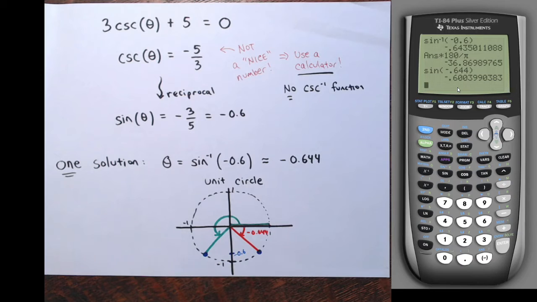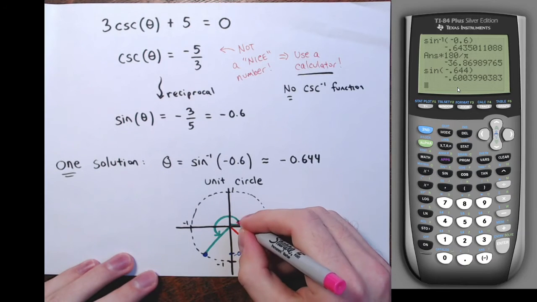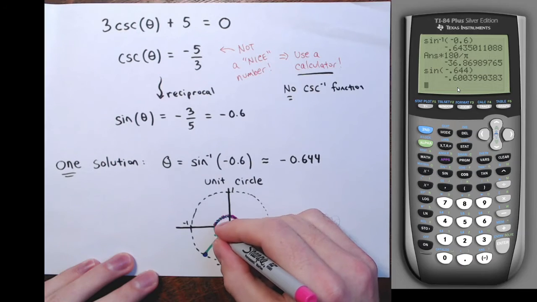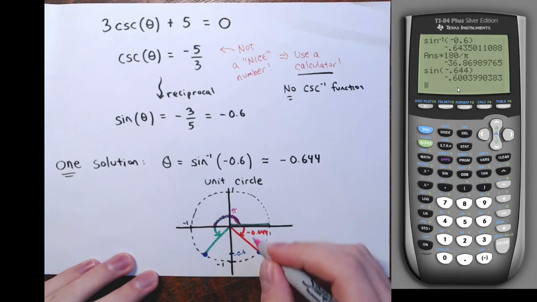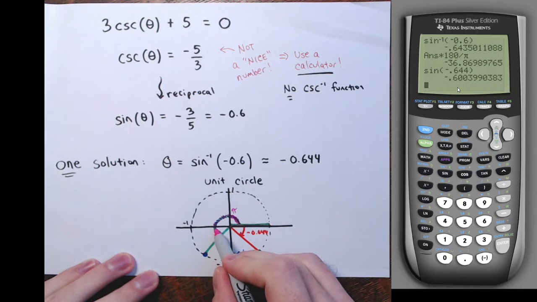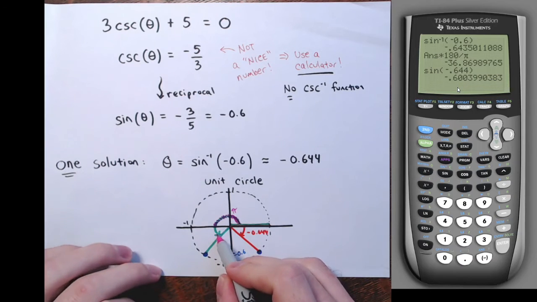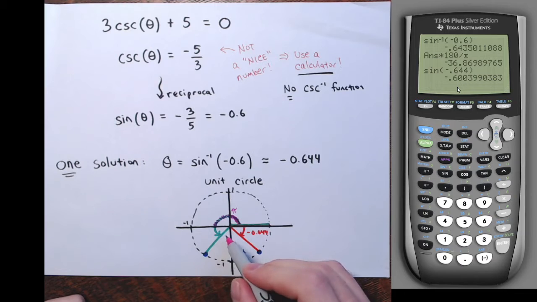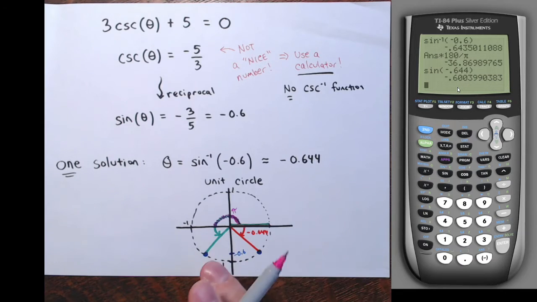Now, we know that this much, if you go halfway around, I go from here to here, that's pi radians. Remember, halfway around is pi. And then what's left should have the same measure, but positive, as this measure over here.